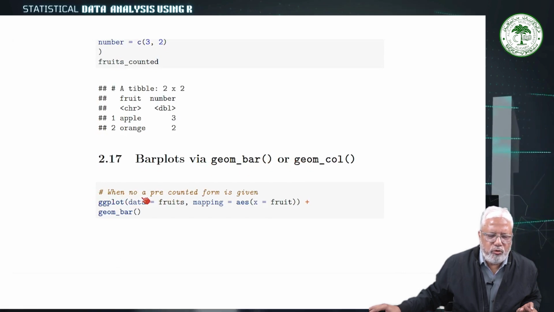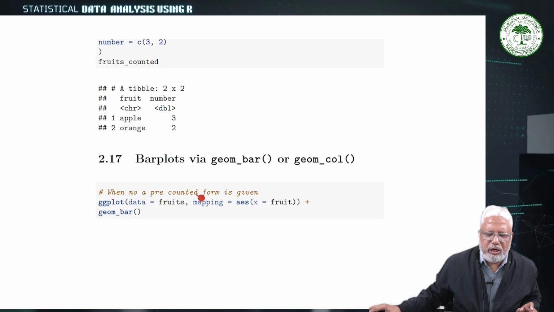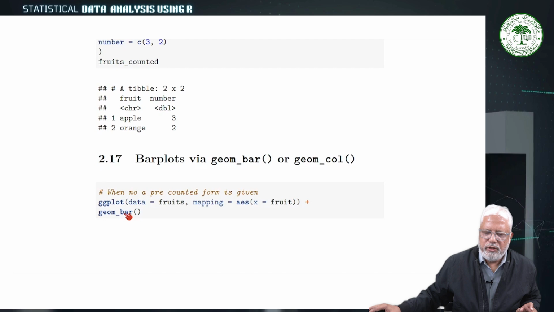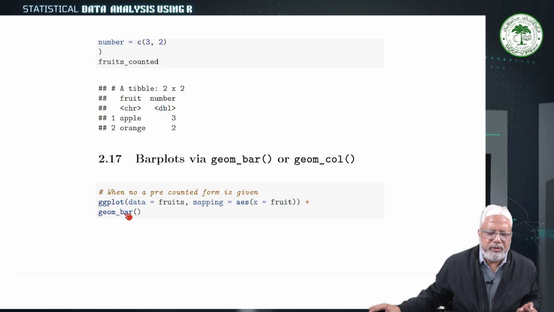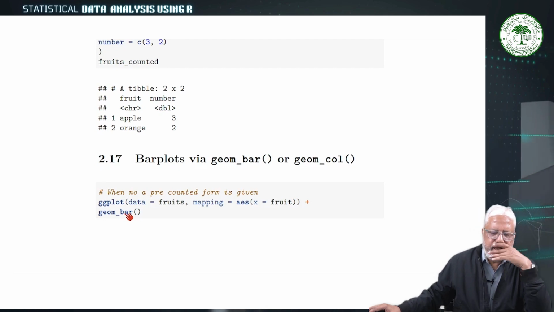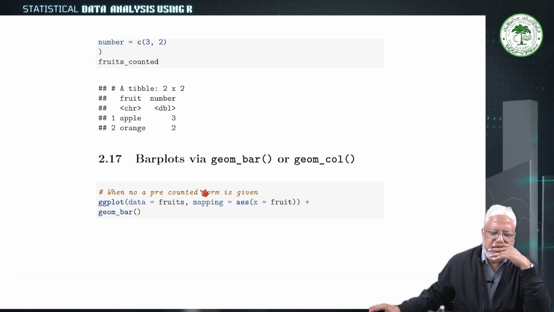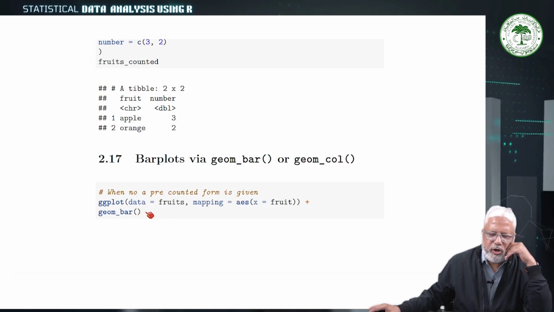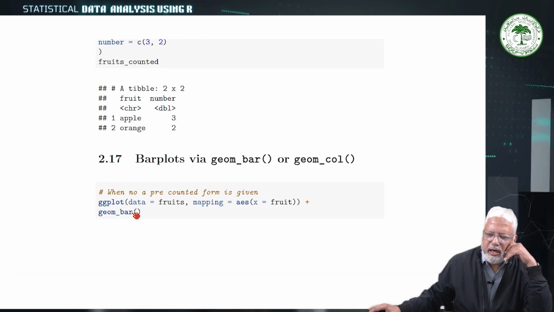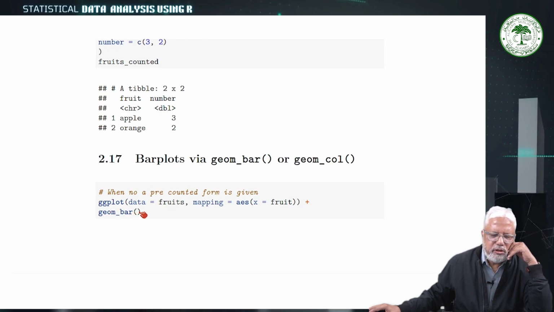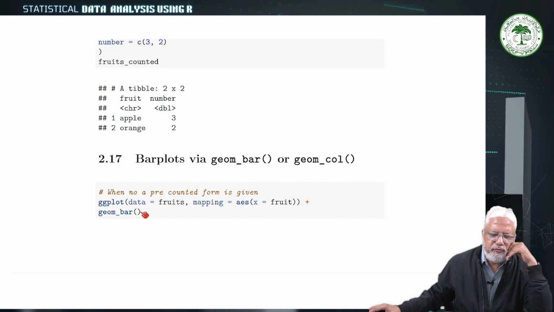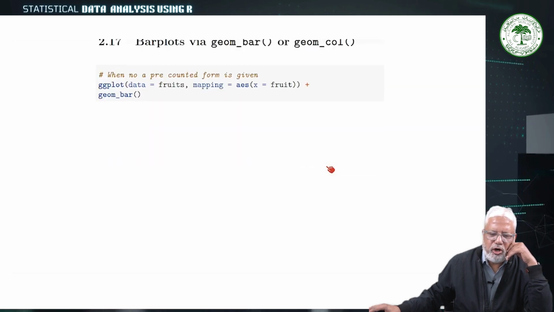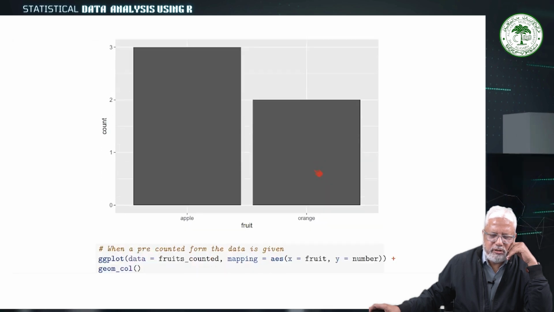When no pre-counted form is given, it is geom_bar. When no pre-counted form is available with the data, it counts the frequencies and then it plots. So, it is geom_bar. When pre-counted form is there like this data frame, it calls geom_col, and both will give the same result.